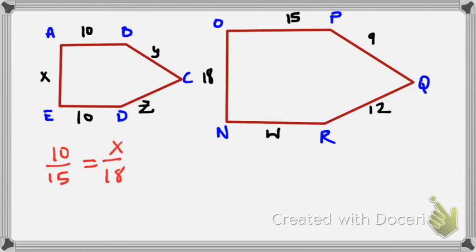So now I have 18 times 10 is 180. Then you take your 180 and divide it by 15, and you end up with 12. So X is equal to 12.